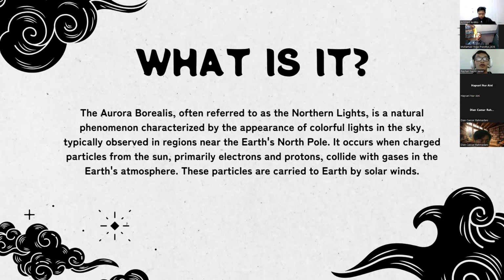The aurora borealis, often referred to as the northern lights, is a natural phenomenon characterized by the appearance of colorful lights in the sky, typically observed in regions near the Earth's North Pole. It occurs when charged particles from the sun, primarily electrons and protons, collide with gases in the Earth's atmosphere. These particles are carried to Earth by solar winds.